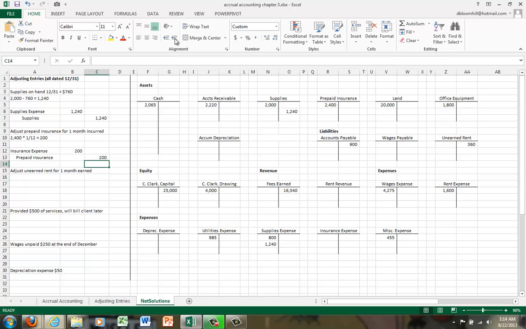Total debits always equal total credits. So first we go to the insurance expense account and post a $200 debit to that account. Then we go to prepaid insurance. We post a $200 credit to that account. And we note that the balance in the prepaid insurance account is now $2,200, which represents 11 months in the future, and the insurance expense account represents 1 month of expired insurance.